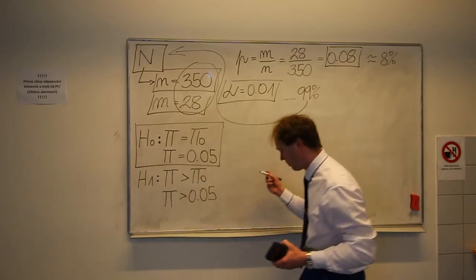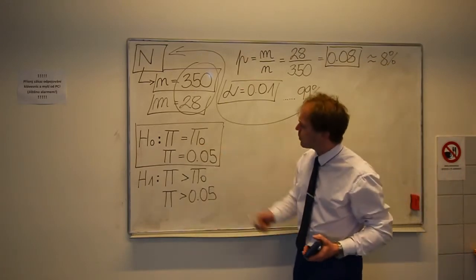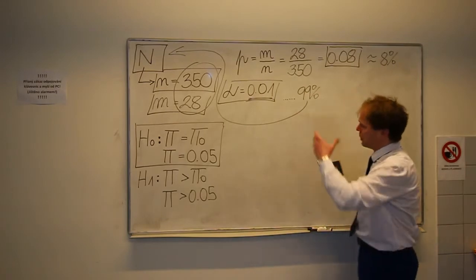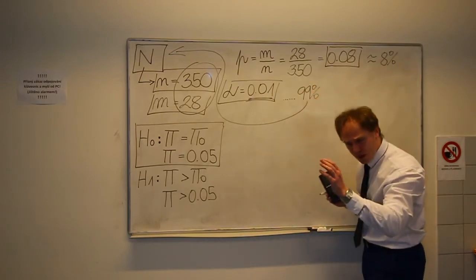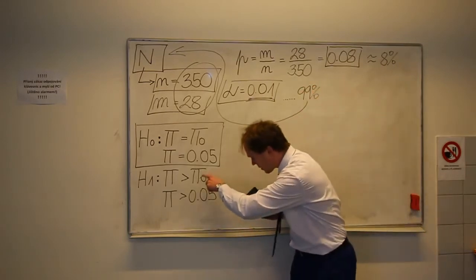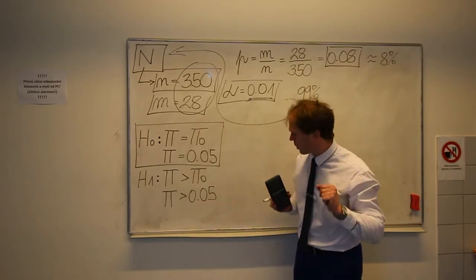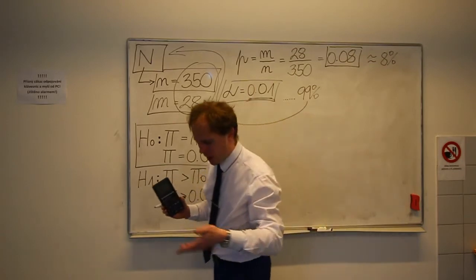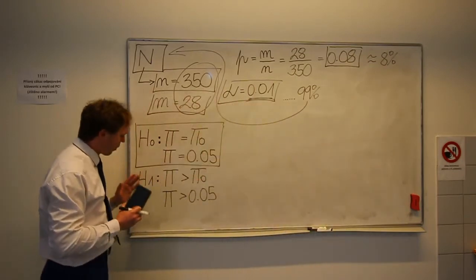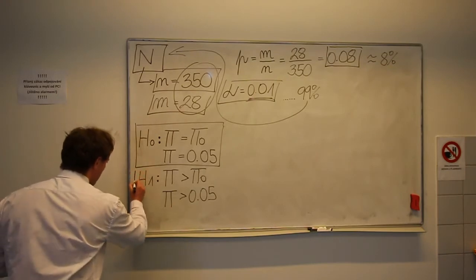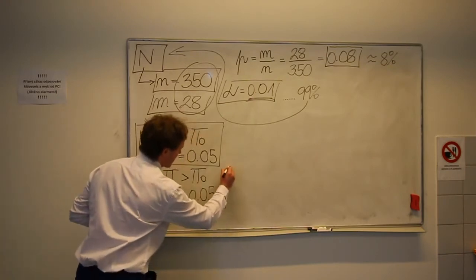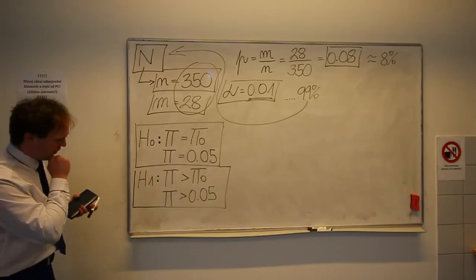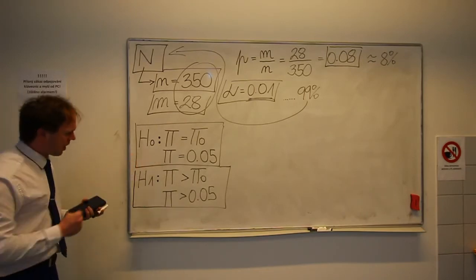If we reject this hypothesis at 1% significance level, you can be sure with 99% probability that the proportion of your voters will be higher than 5%, and you will probably enter the House of Commons. So this is very important, and we set the zero and alternative hypothesis. This is our deal.